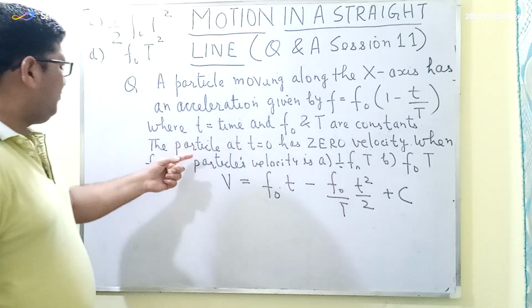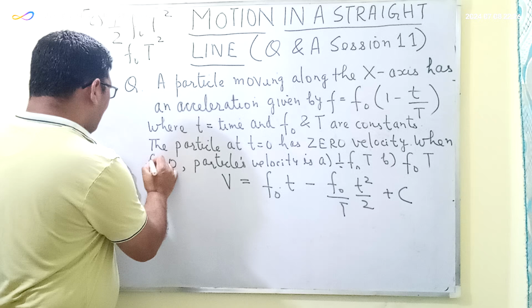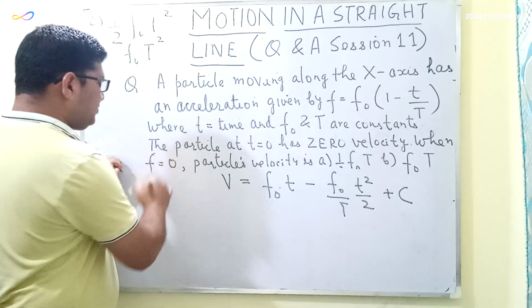So here we have been given one condition, that is the particle has got zero velocity at t is equal to 0.